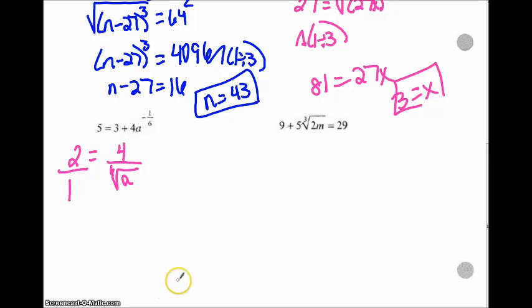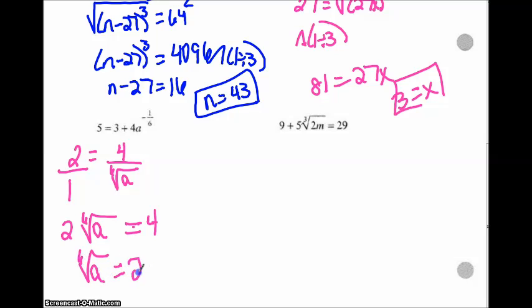I would probably make this a proportion so you could cross multiply. And so 2 times the 6th root of a is equal to 4. I would divide by 2. The 6th root of a is equal to 2. Raise both of them to the 6th power. 2 to the 6th is 64, so a is equal to 64.